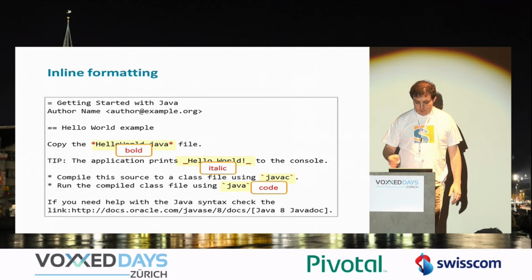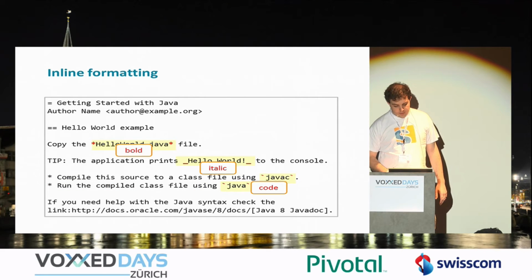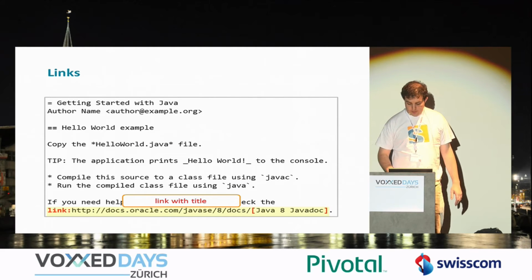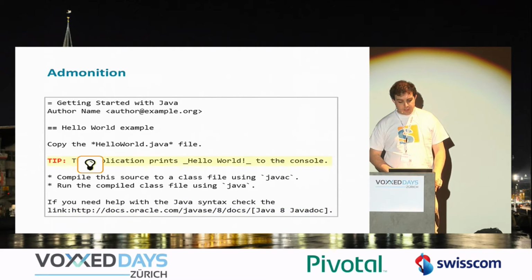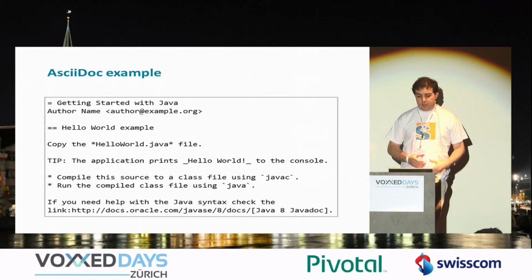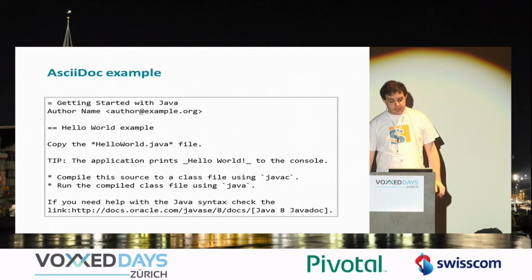You can style some of the words. You can define some links, external ones, internal ones, and you can define admonition blocks. I'm not here to give you a complete overview of the syntax. This was a simple example for you to understand.